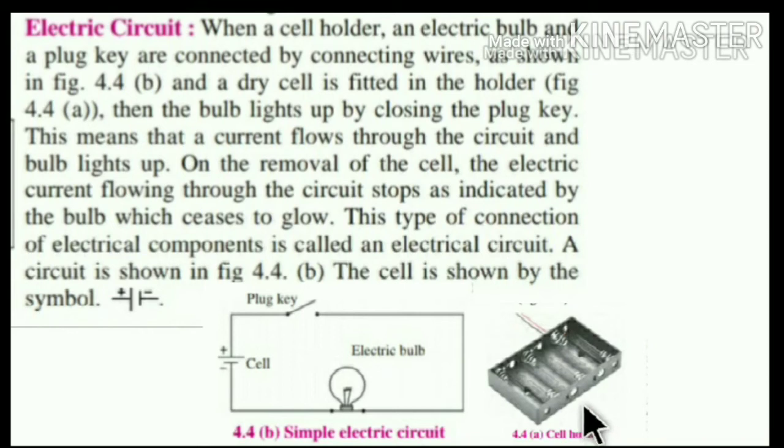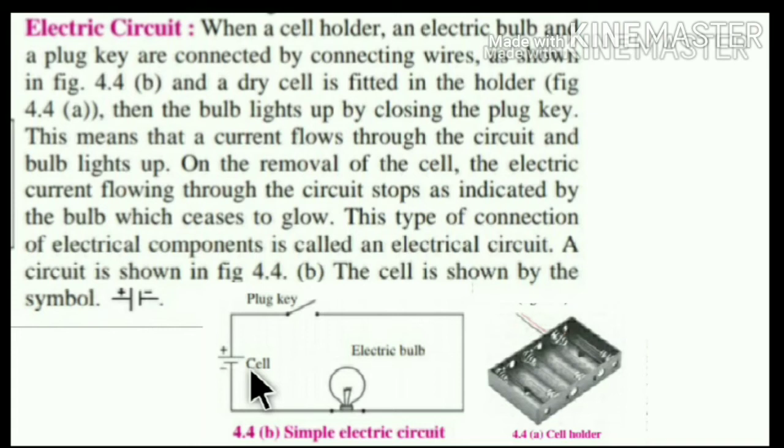This is the cell holder, and the electric bulb and plug key are connected by this connecting wire, and a dry cell is fitted in the holder. In this holder we fit the dry cells. Then these are the cells.